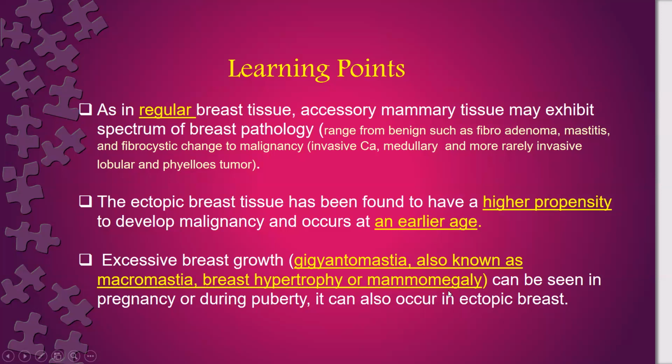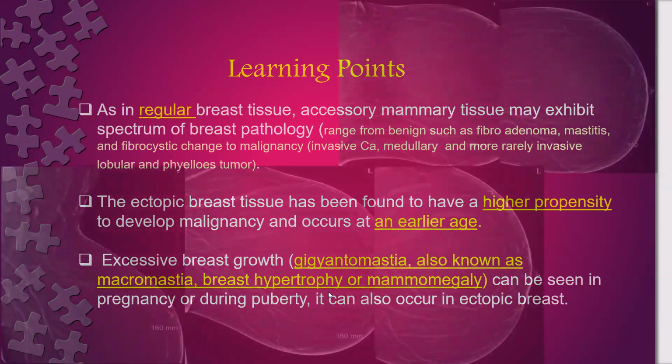It is excessive enlargement of the breast, usually seen with pregnancy or during puberty. It is not something common, but the phenomenon can occur, which is something abnormal. It is commonly seen in the regular breast, but it can happen even in the accessory breast.